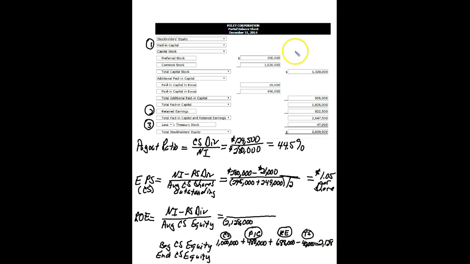The ending I can get from here. Here's our common stock balance, $1,020,000. Go down to the paid-in capital accounts. The one that applies to common stock is the $490,000. Retained earnings is this $822,500.